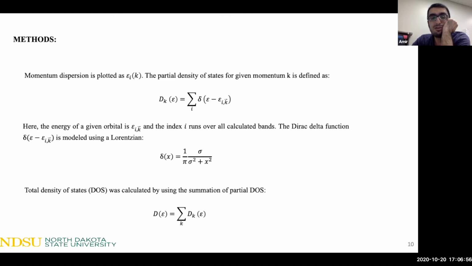The partial density of states for a given momentum is represented by this well-known equation, where epsilon ik is the energy of a given orbital and the index i runs over all calculated bands. The Dirac delta function is modeled using, I don't know exactly the name, Lorentzian, if I'm not wrong. And finally, the density of states could be plotted over k as the following function.